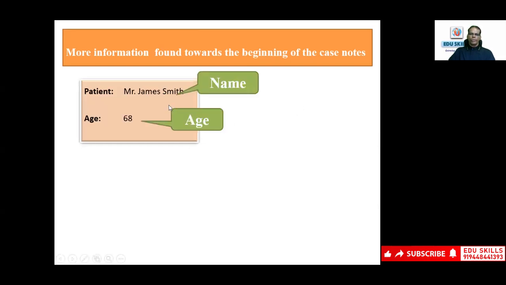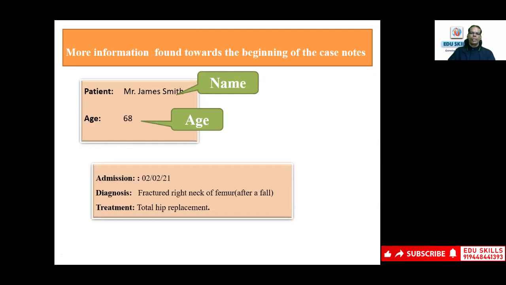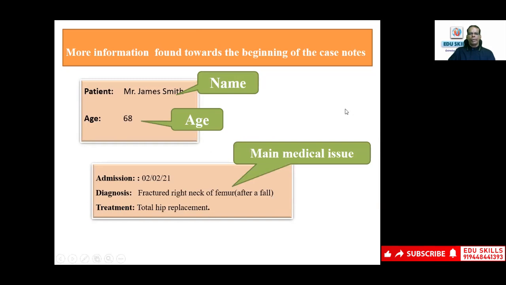For writing your purpose, you have required information in the beginning of the case note. As I told you, first we went to the last portion, the writing task, then you come to the beginning, where you find the name and age of the patient. And also you will find the main medical issue, in the diagnosis or treatment plan.